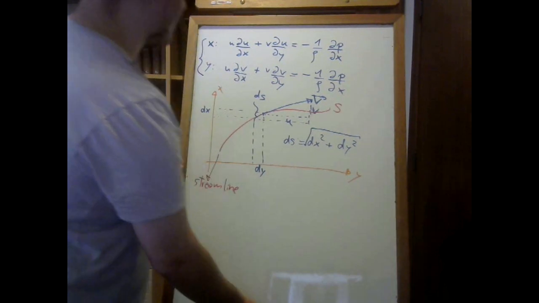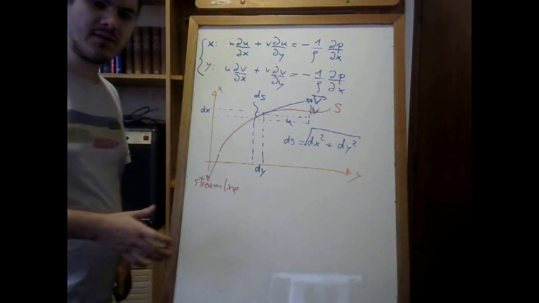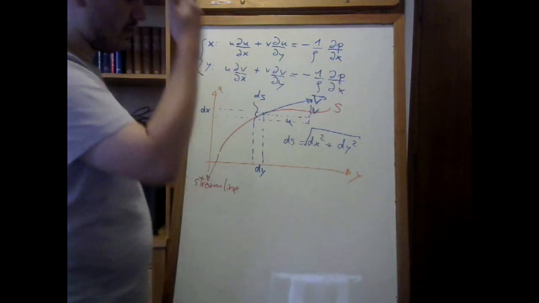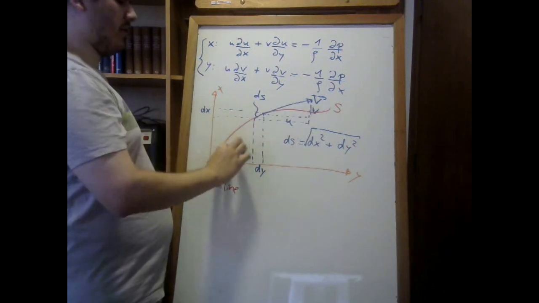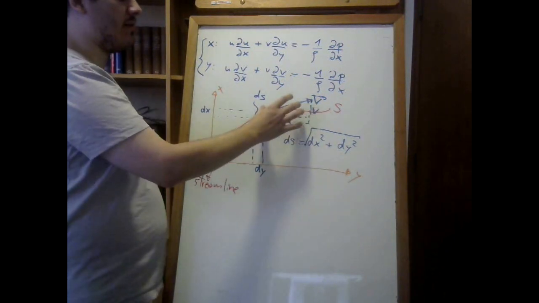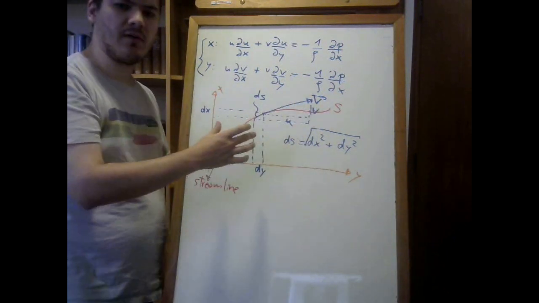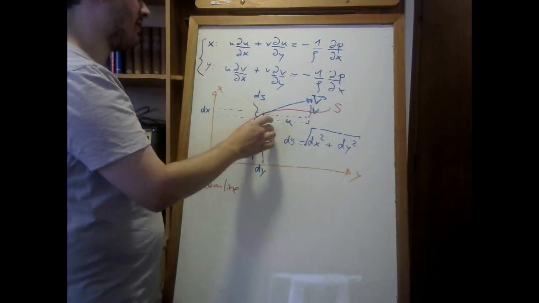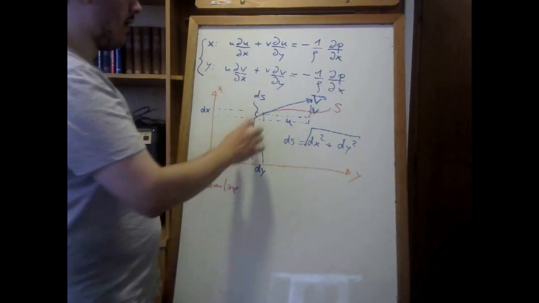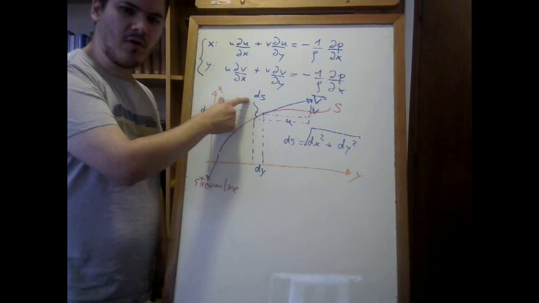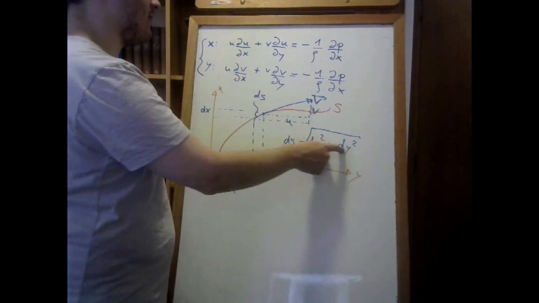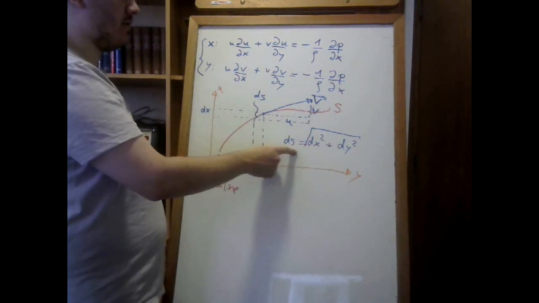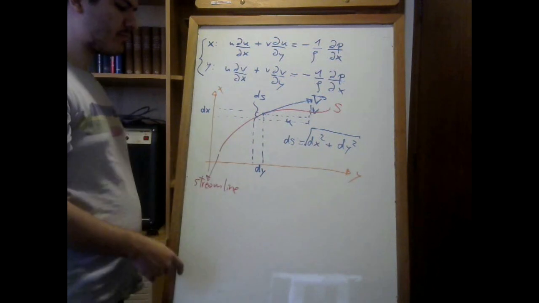We're going to integrate these equations along a certain streamline. So here we have our streamline in red and the velocity component of the flow at a certain point. We have this differential of the streamline, which has this relation here, the relation for the rectangle.